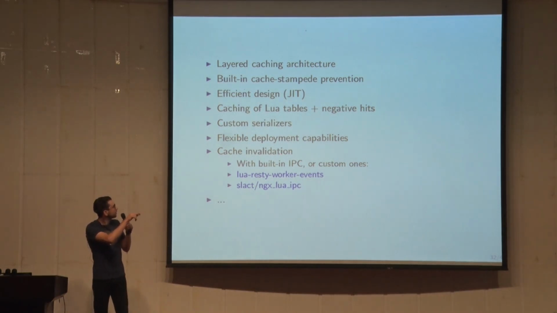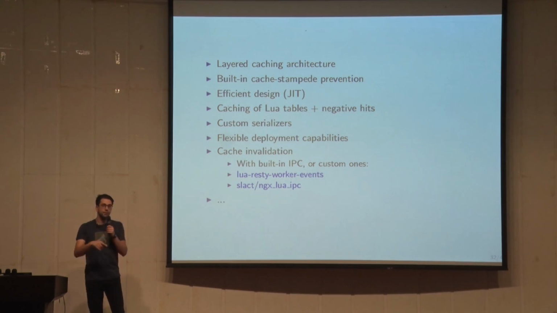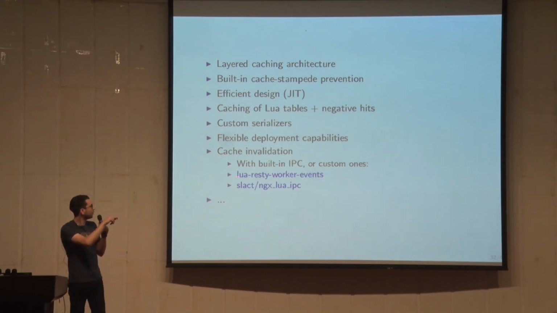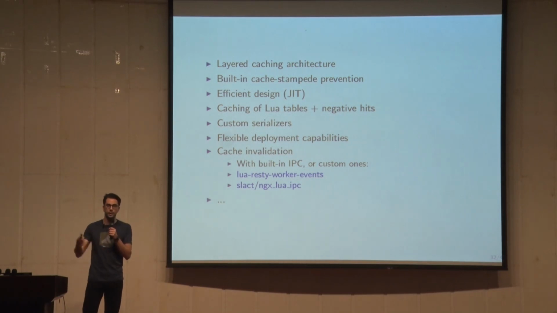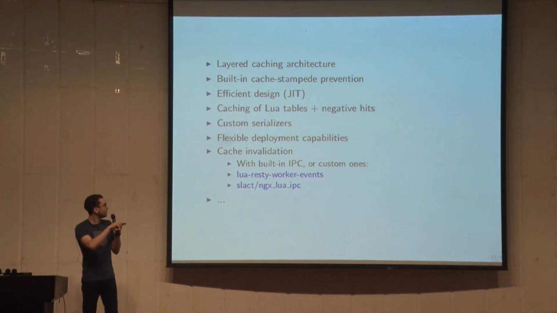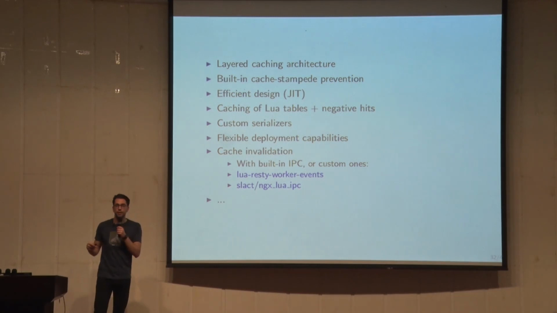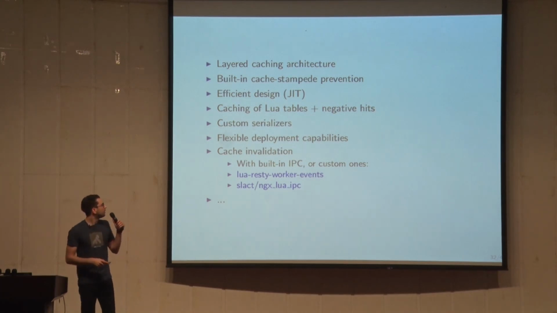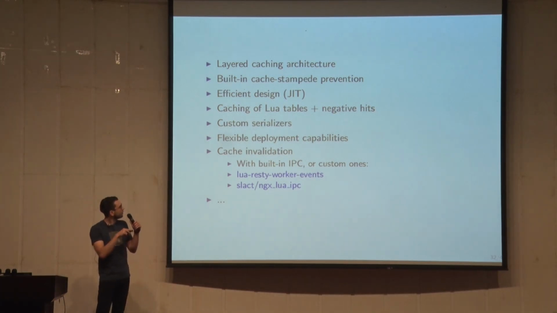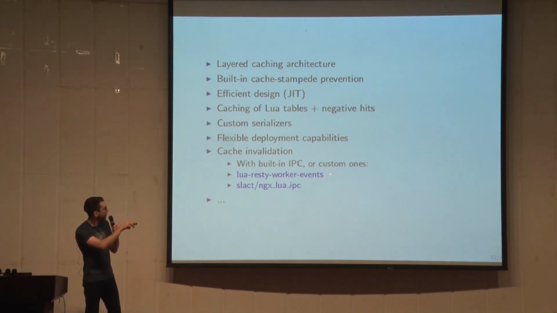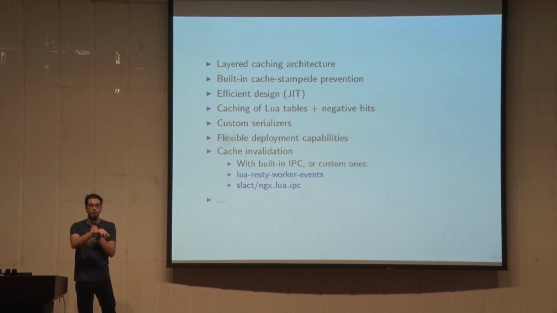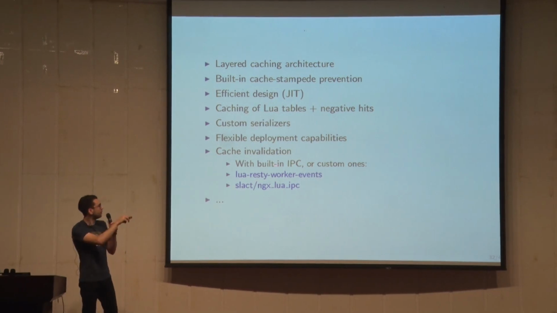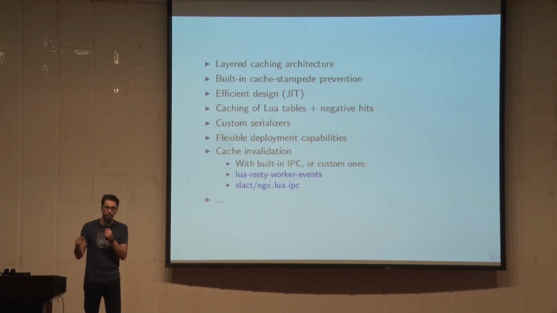So the cache invalidation can also work with custom cache invalidation libraries, including lua-resty-worker-events that we use in Kong that I talked about last year as well, and even the new IPC libraries that exist that can be stream-based instead of message-based IPC. It would be very easy to plug those, and for example in Kong we plug lua-resty-worker-events into mlcache. But mlcache comes with a bundled built-in IPC that is very efficient.